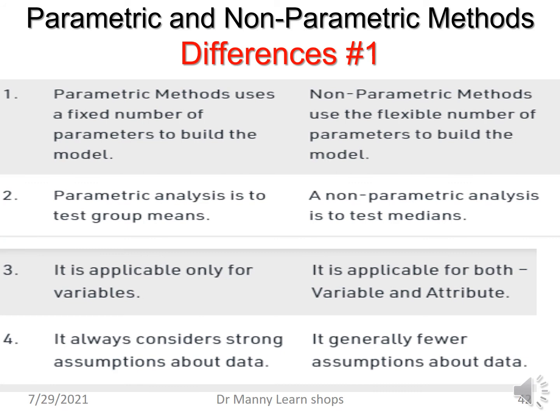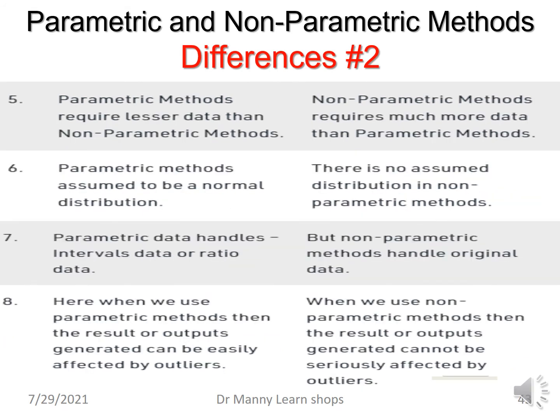Non-parametric, both variables and attributes. Parametric always considers strong assumptions about the data. Non-parametric, fewer assumptions about the data. Parametric methods require less data than non-parametric methods. Non-parametric methods require more data than parametric methods.